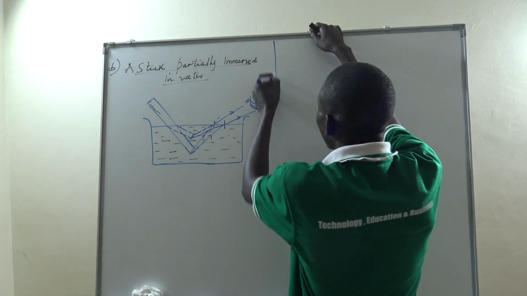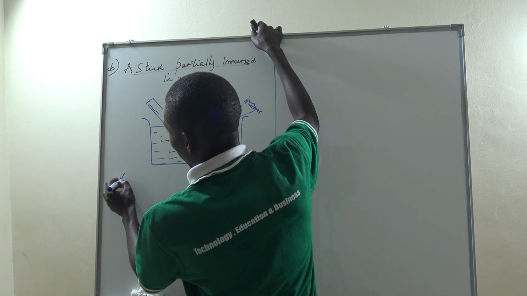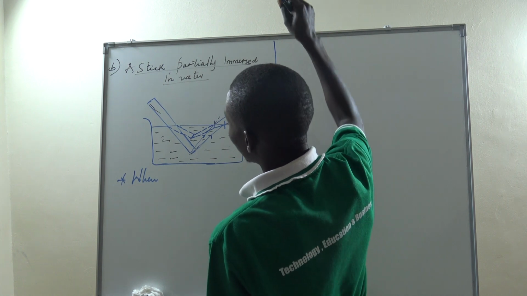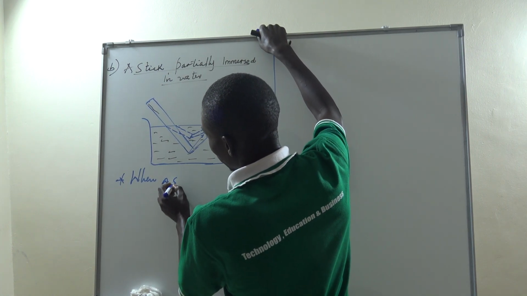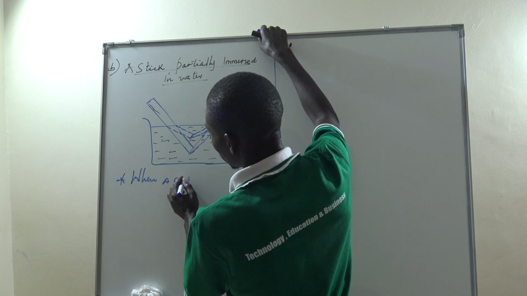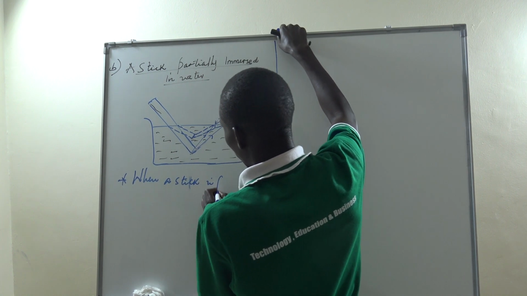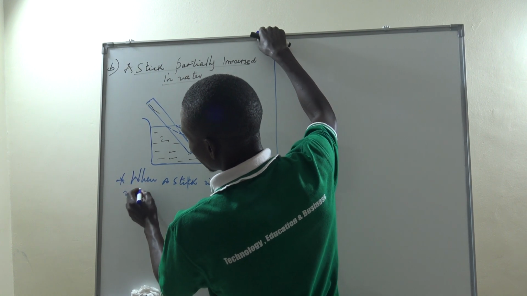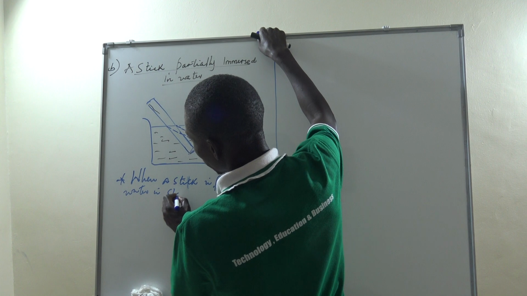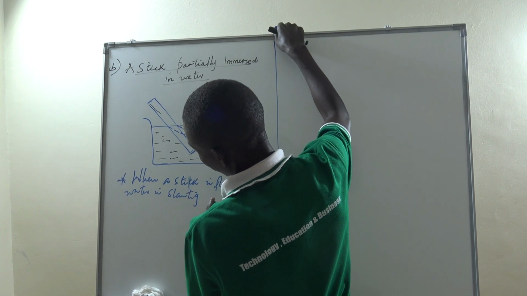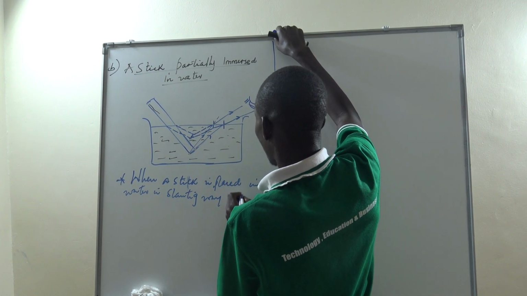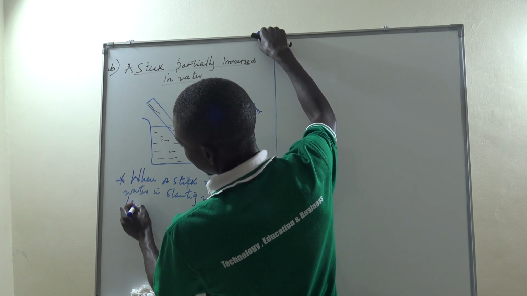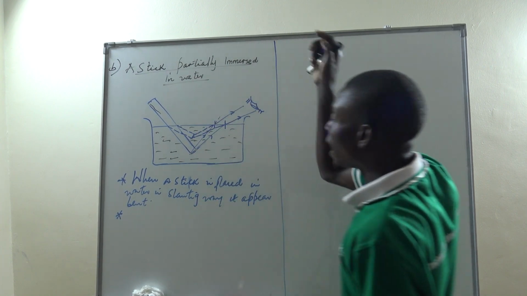So what can we write about that? You can say, when a stick is placed in water in a slanting way, it appears bent. Okay? Now, why does it appear bent?